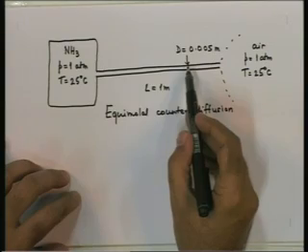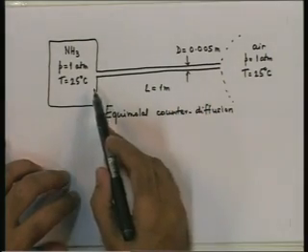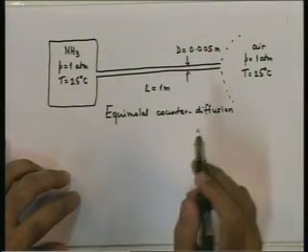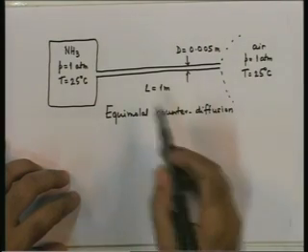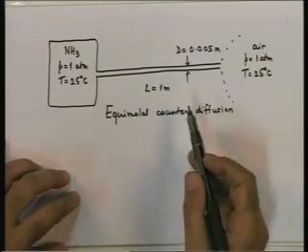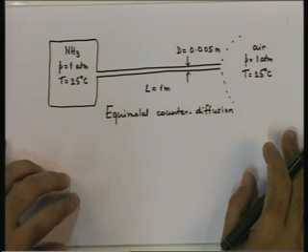The duct is narrow and long, so we will assume a one dimensional situation, and we will also assume that a steady state exists. So, when the ammonia is open to atmosphere, there may be a sudden rush of ammonia. That initial part we are not looking at.